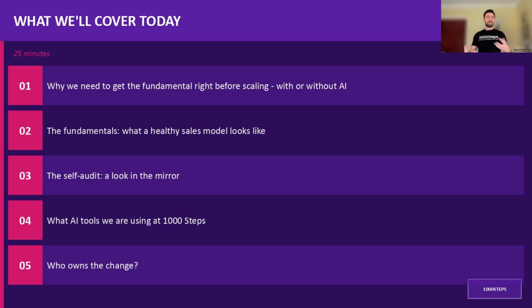Three, some elements of self-audit: what can we do when we're looking at our own go-to-market infrastructure, what's going on in our sales and marketing function, a look in the mirror. Four, a section on what we at 1000 Steps are doing with our AI tools. There's a huge amount going on in the world and we're not covering all of it, just what we've found useful over these past few months and couple of years. And then the final bit is who's supposed to take charge over all of this process.